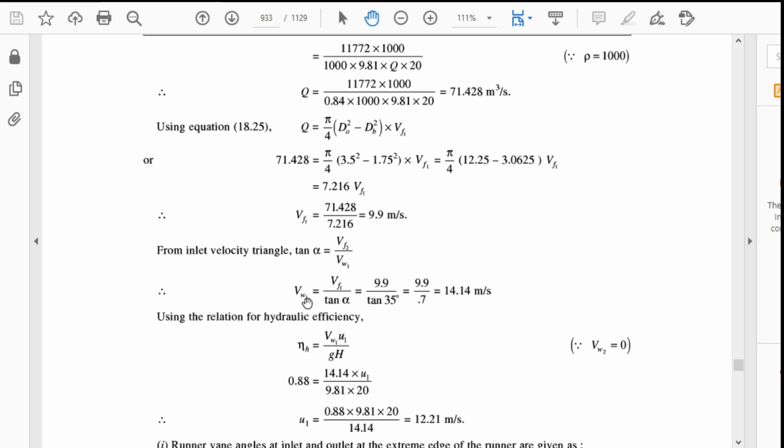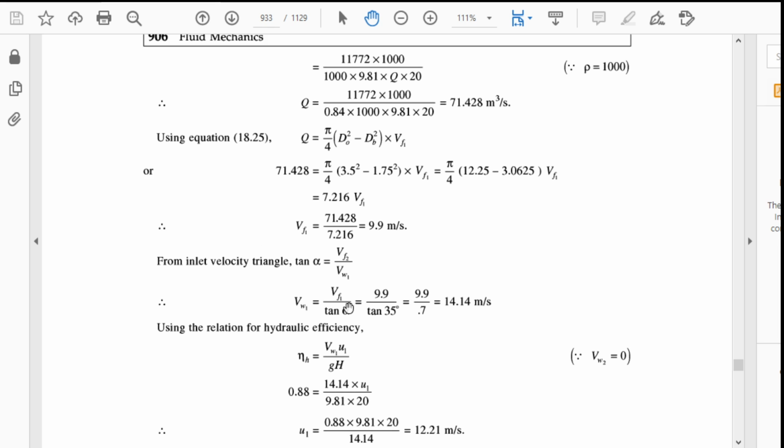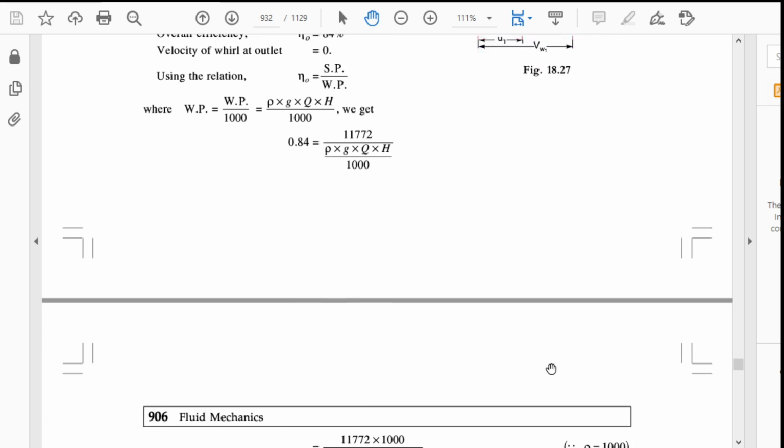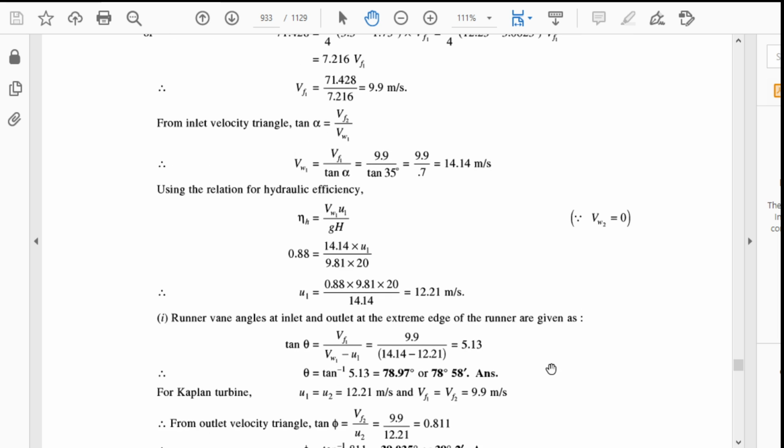the whirl velocity at inlet. Now using the relation of tan alpha, from this diagram you can see tan alpha will be Vf1 divided by Vw1. Alpha is known, so we can find the value of Vw1 as 14.14 meters per second.